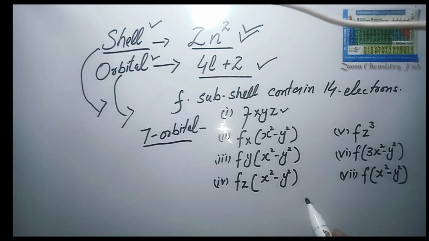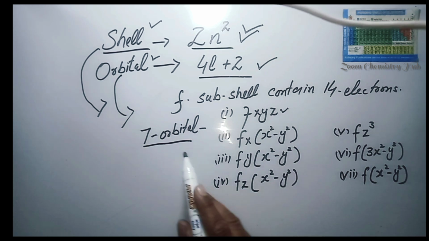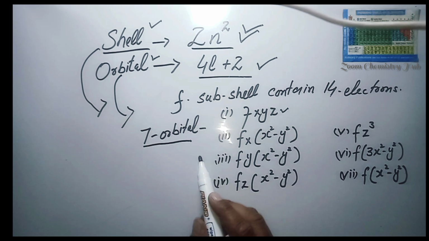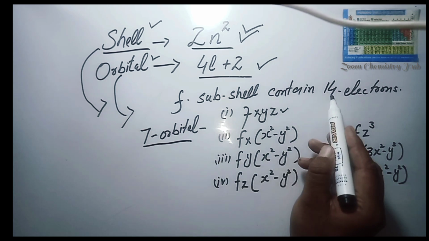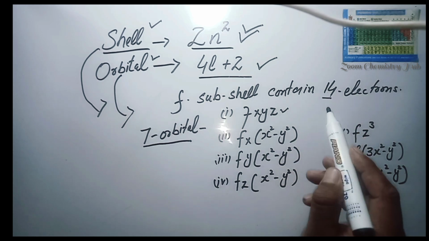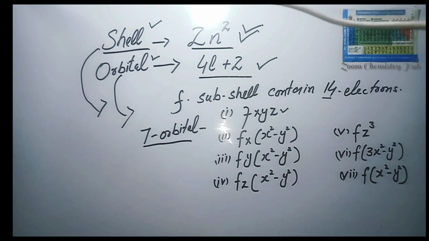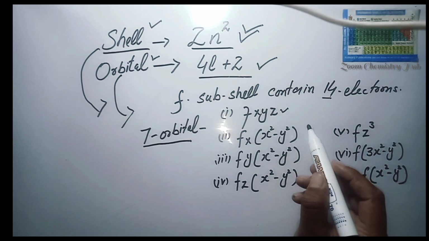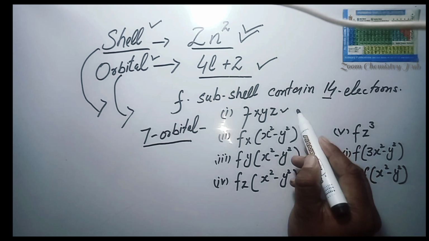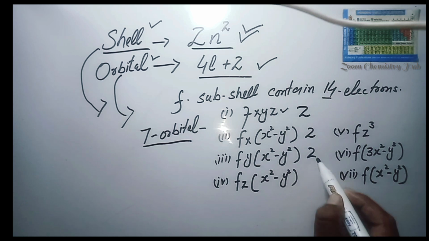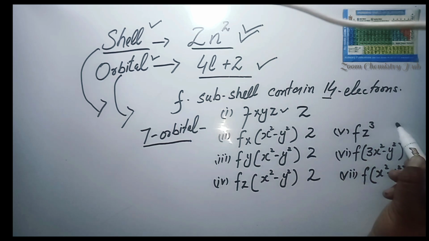Each of these 7 degenerate orbitals can hold a maximum of 2 electrons. So these 14 electrons are distributed in these 7 orbitals equally. All these 7 orbitals have 2 electrons each.